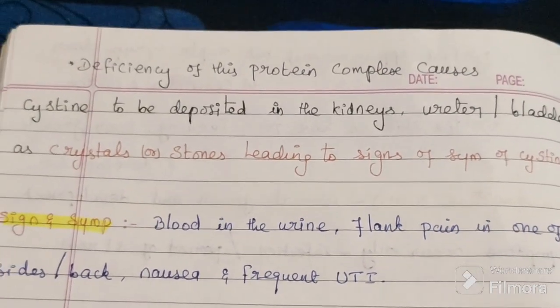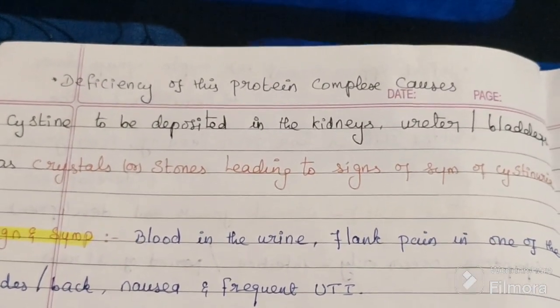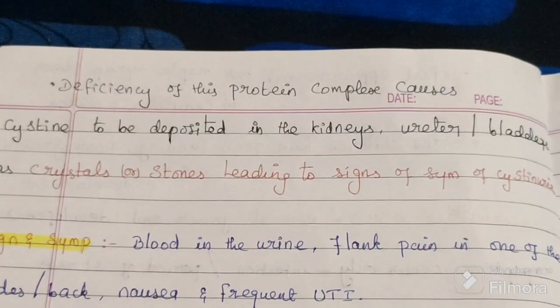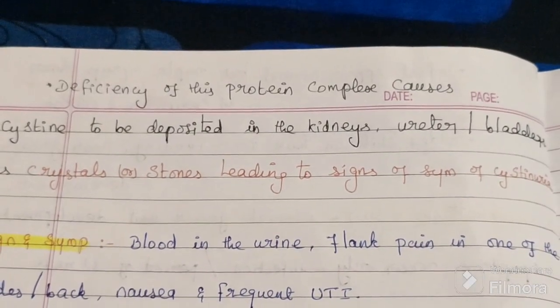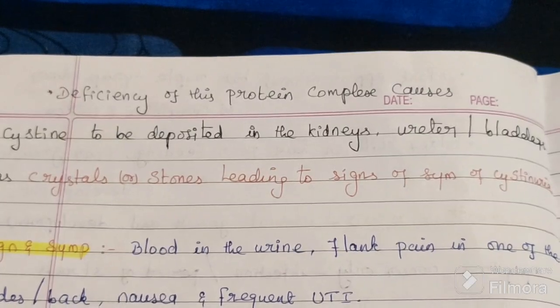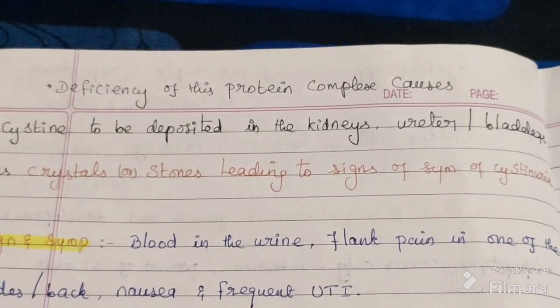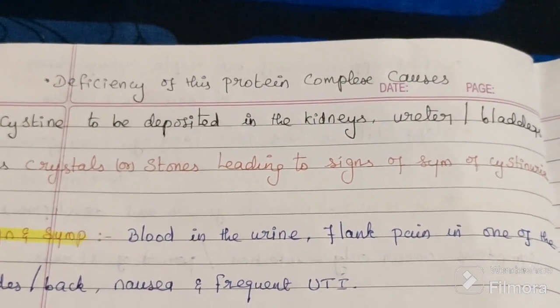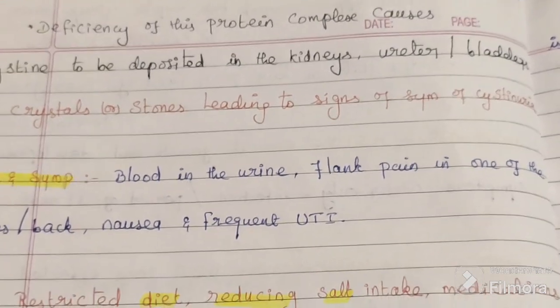Signs and symptoms include blood in the urine, flank pain in one of the sides or back, nausea, and frequent urinary tract infection.